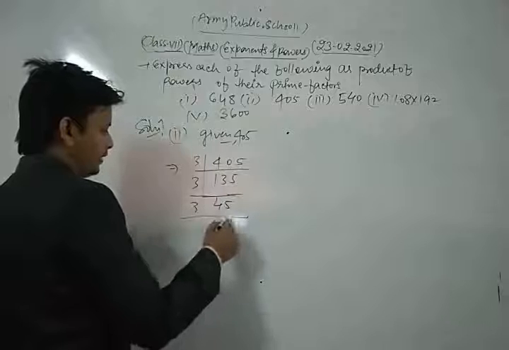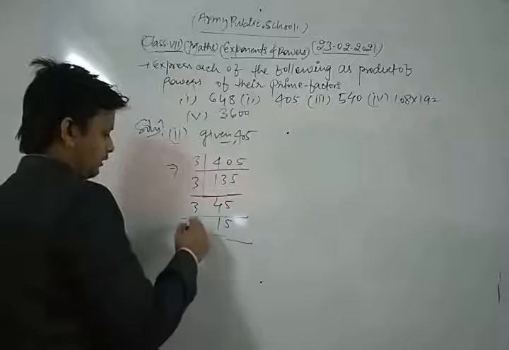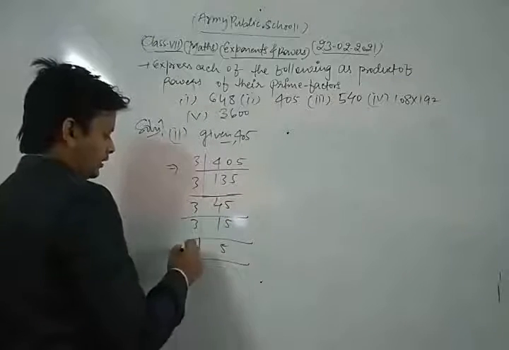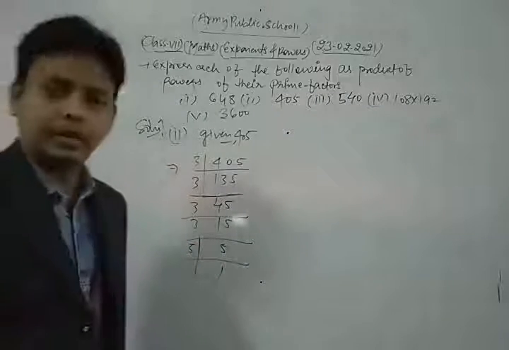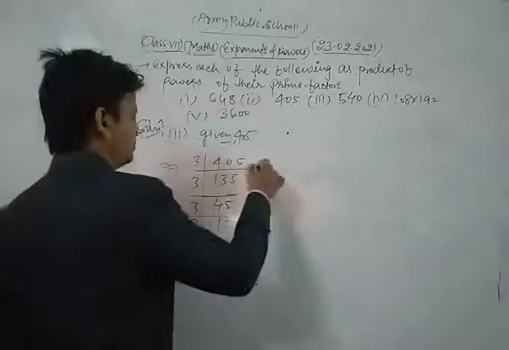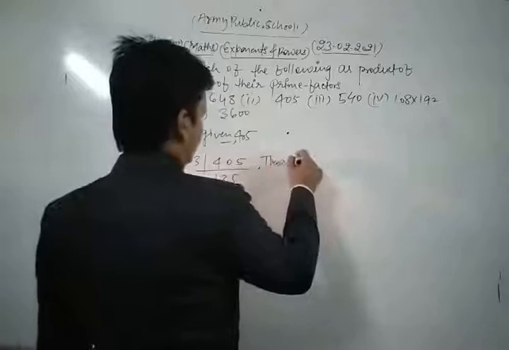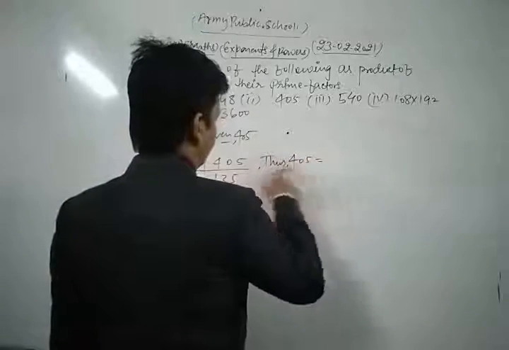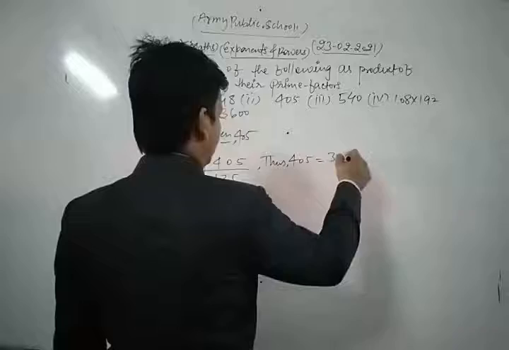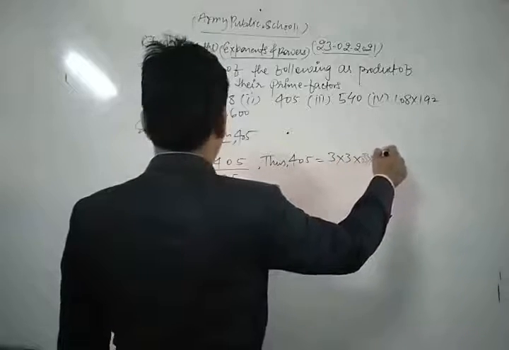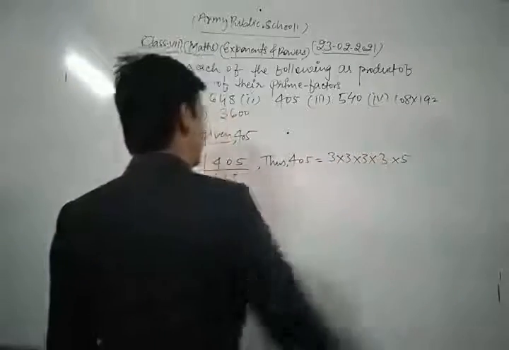Again by 3. This is 15. Then 3, 3 5s are 15, then 5 1s are 5. Now we have done the prime factorization. Thus 405 we write as 3 into 3 into 3 into 3 into 5.